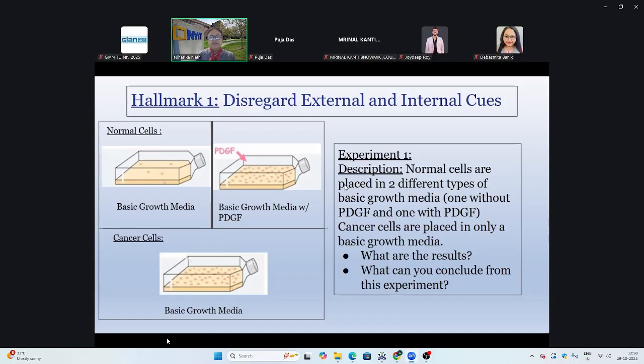And then the molecular biology of these cells is such that normal cells, as they keep on replicating, get short in their chromosomes.